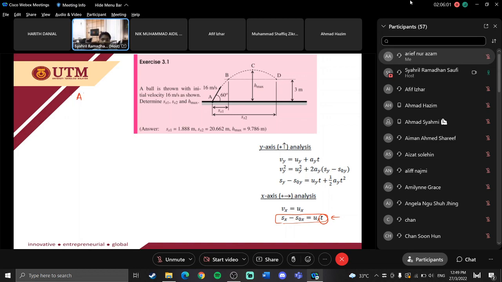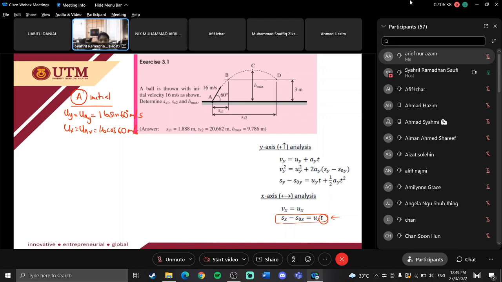So let's list all the information that you have. The starting point is A, initial. uy equals uAy equals 16 sine 60, positive, meter per second, and ux equals uAx equals 16 cos 60 meter per second.